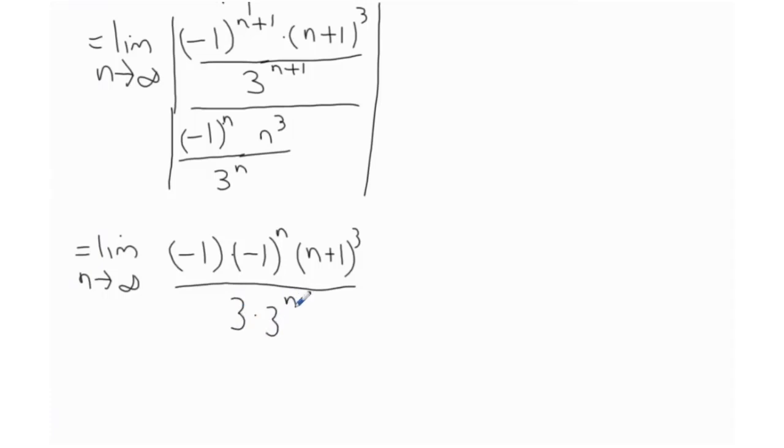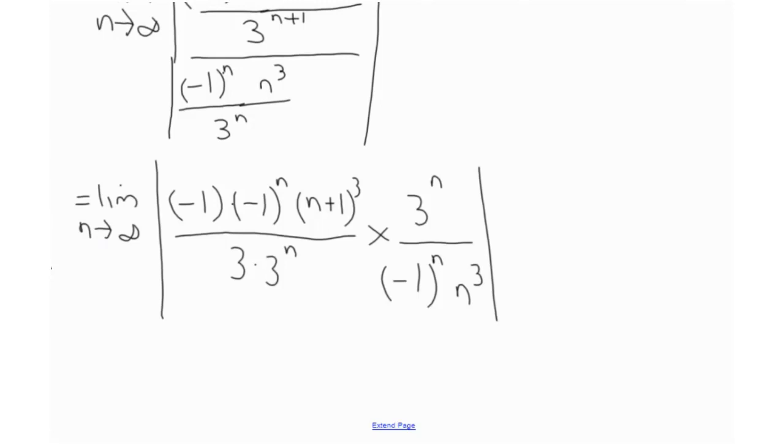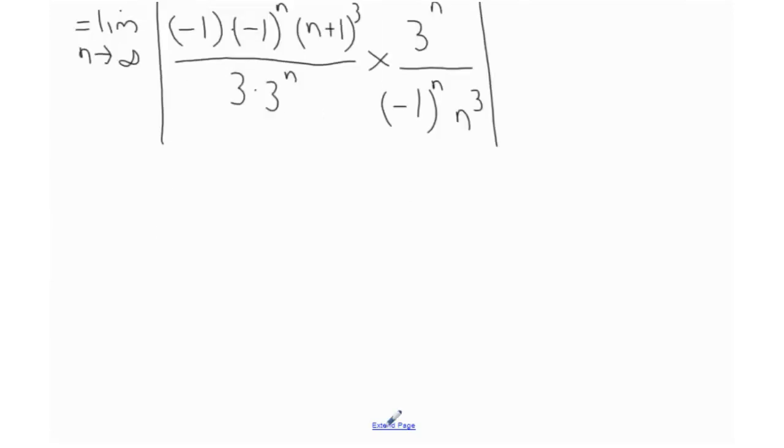And then we are dividing by the a_n term, so we're going to multiply by its reciprocal: 3^n over (-1)^n times n cubed. And don't forget, we need the absolute value of all of that.